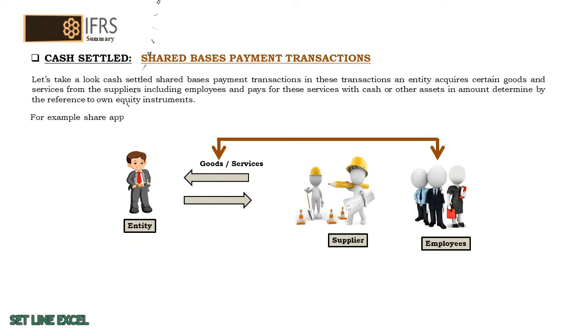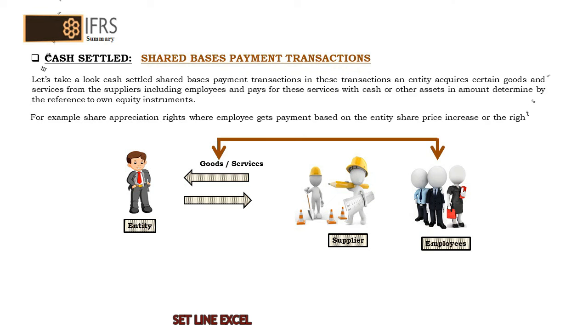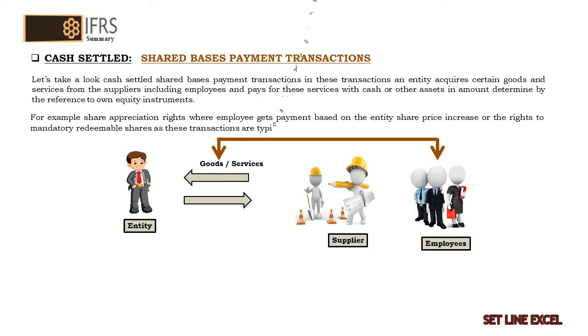For example, share appreciation rights, where the employee gets a payment based on the entity's share price increase, or rights to mandatorily redeemable shares, as these transactions are typically given as remuneration of an employee.